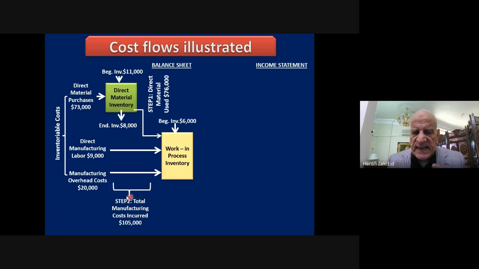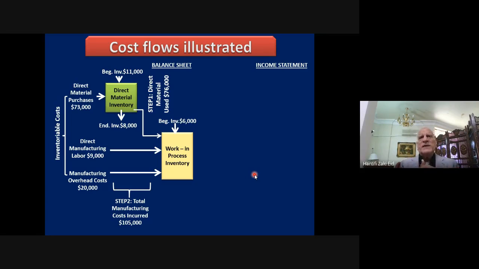These costs incurred during the period, in addition to the cost of beginning inventory of work in process, the sum of these amounts represents total manufacturing during the period, total of production during the period. This is the production which we were processing during the period.